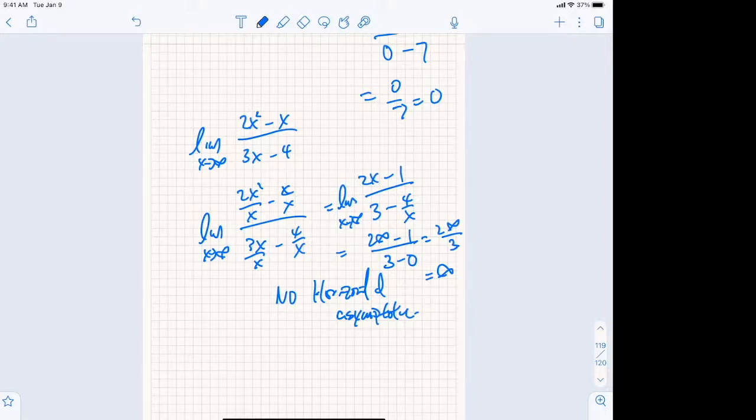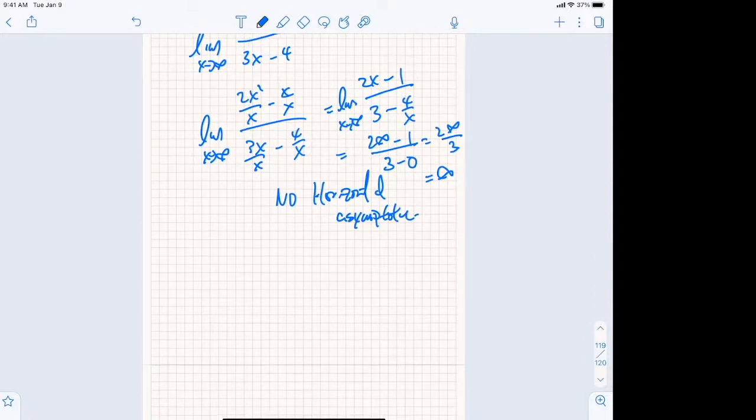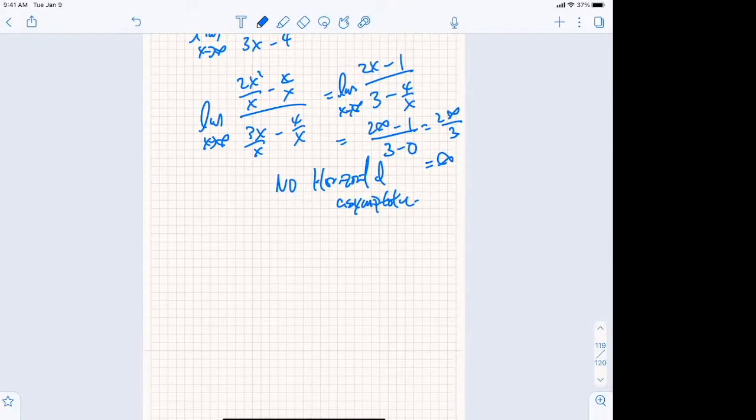Got it? Okay. Now we're going to show you the case where you get 2 horizontal asymptotes.